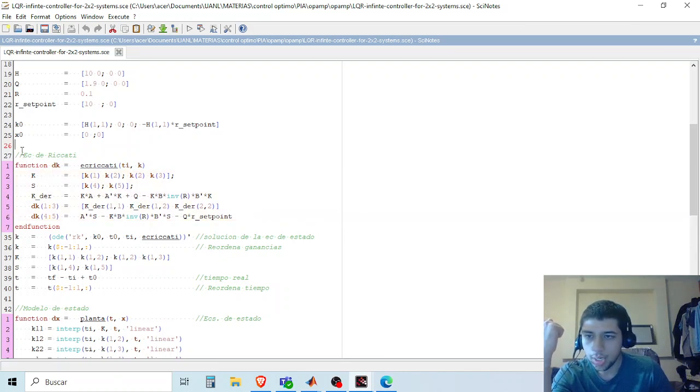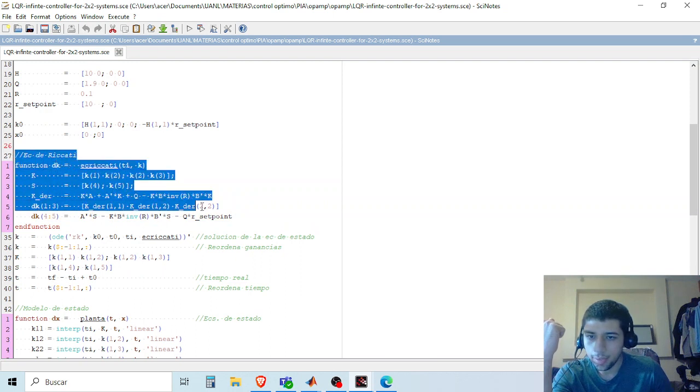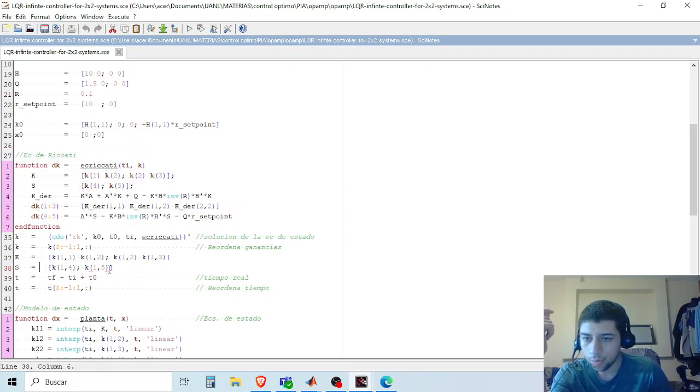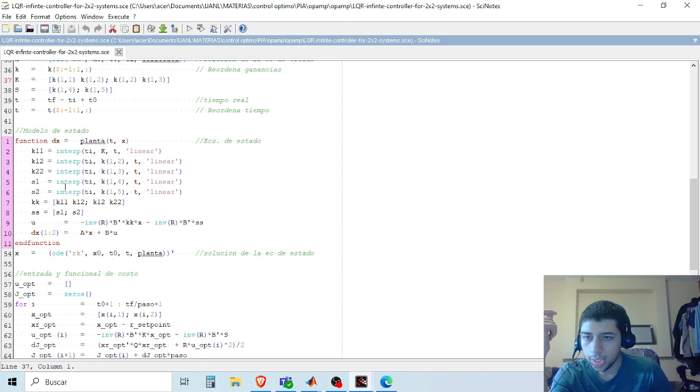Here we are taking the K and S matrices and solving them, and we are gonna save those dynamics in these two matrices, capital K and capital S. Then we simulate the plant model with its proper controller here, and we are gonna feed the system with this input.